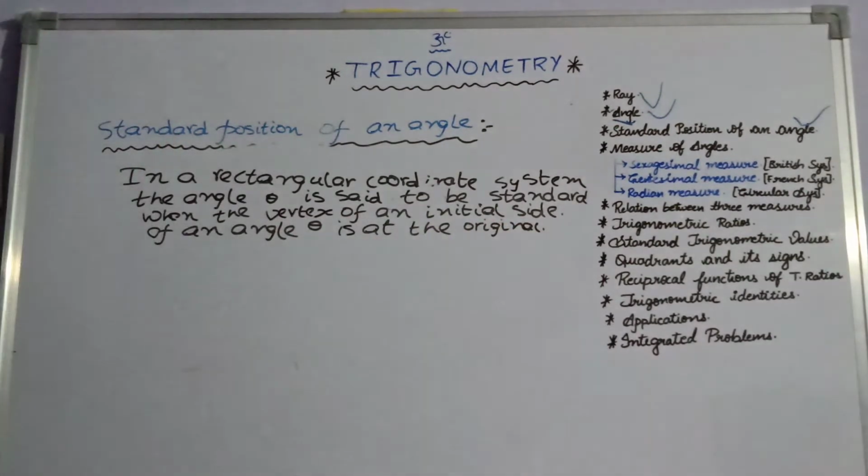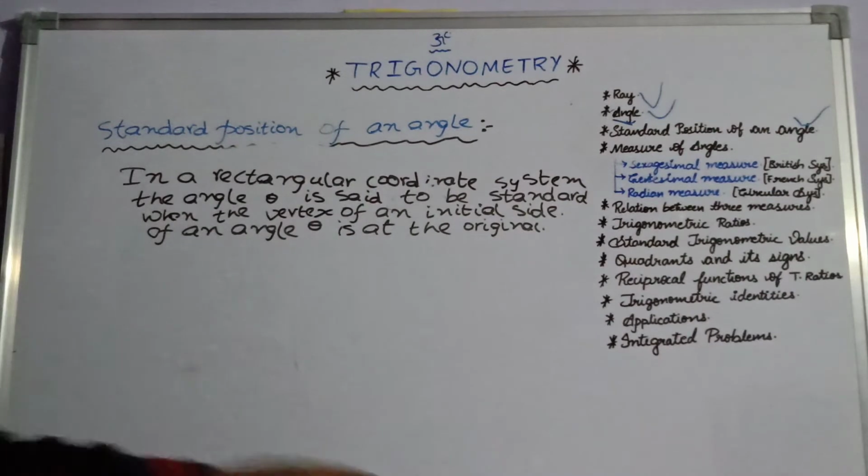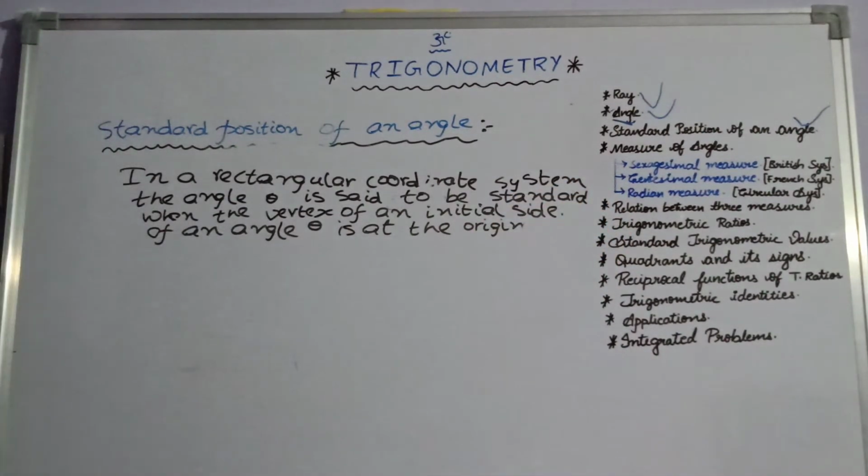This means the terminal ray and initial ray must start at the origin O. That means theta must be formed with the x-axis and the initial side of the coordinate axis.